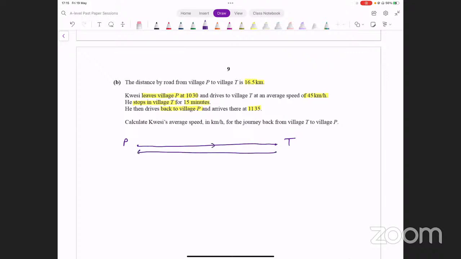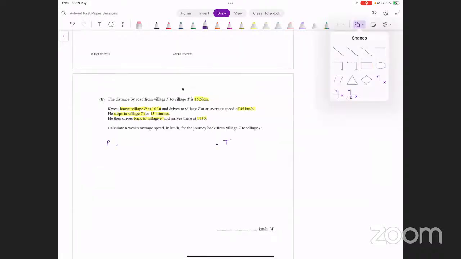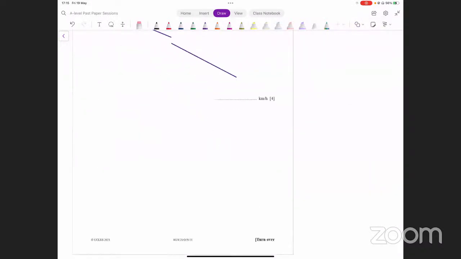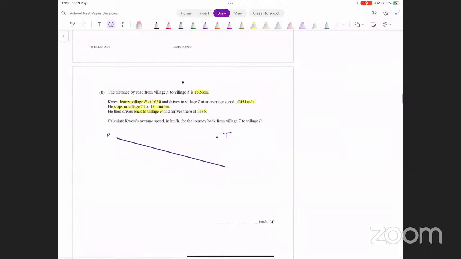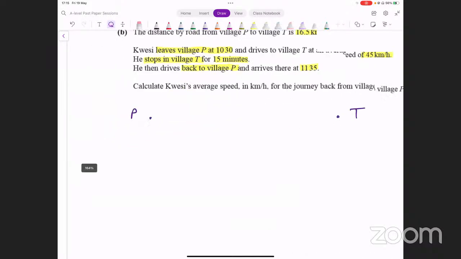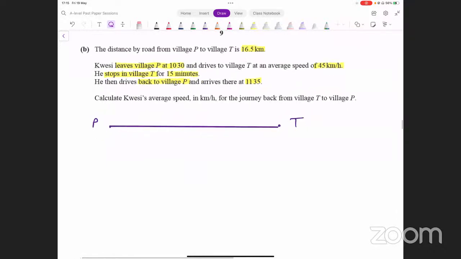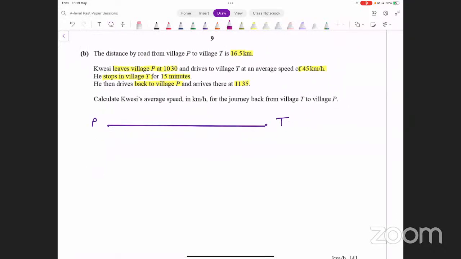T से P पे वापस आ रहे हैं. ये दो चीजें हो रही हैं. अब P से T पे जाते हुए अगर मैं actually use this line tool, that's not working. Okay. So अब दो काम हो रहे हैं. एक हम क्या कर रहे हैं, P से T पे जा रहे हैं, राइट साइड पे. एक काम कर रहे हैं, T से P पे वापस आ रहे हैं.